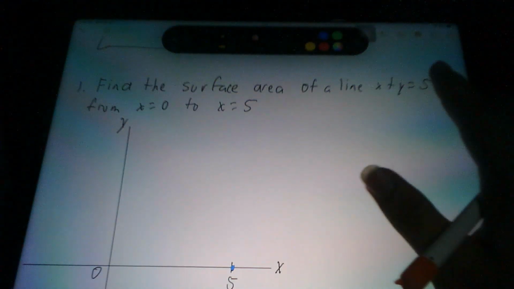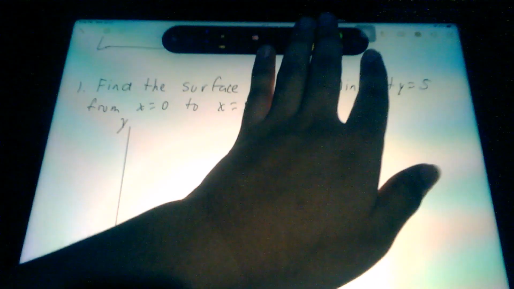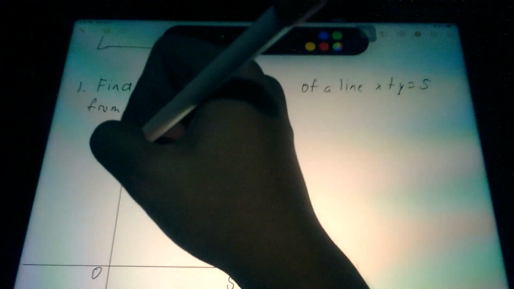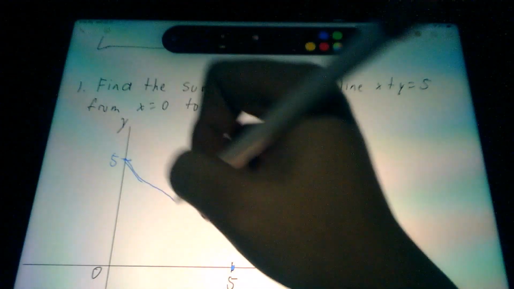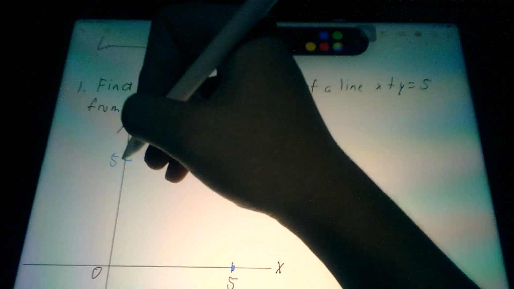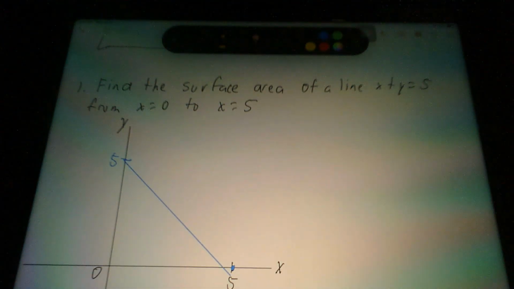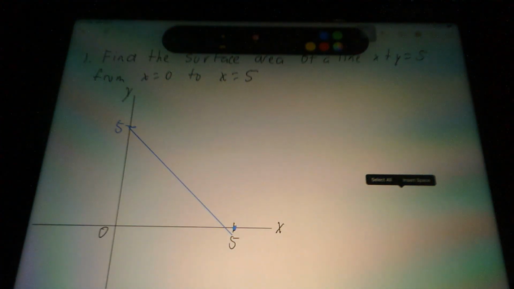Now if we cover x, if we equate x to 0, our y becomes 5. Can you see it? So let's put 5 here. Now we have a line here, say that it's a perfect line. Now we are ready to illustrate.